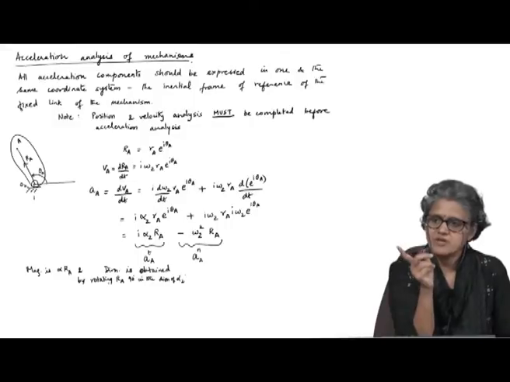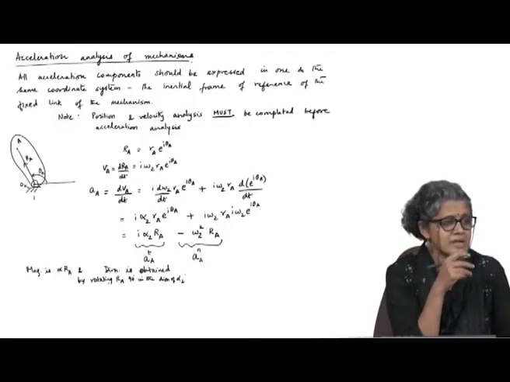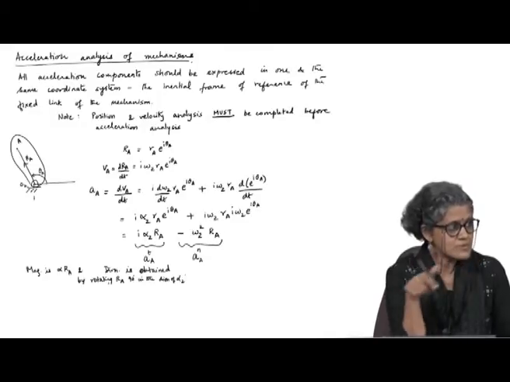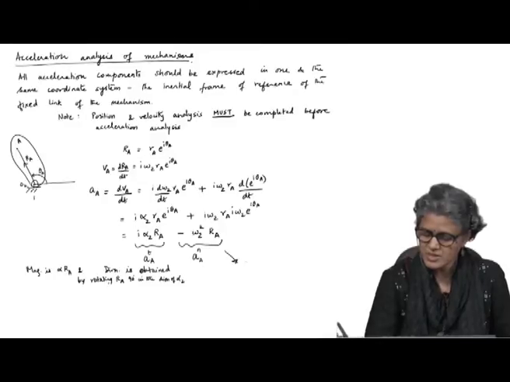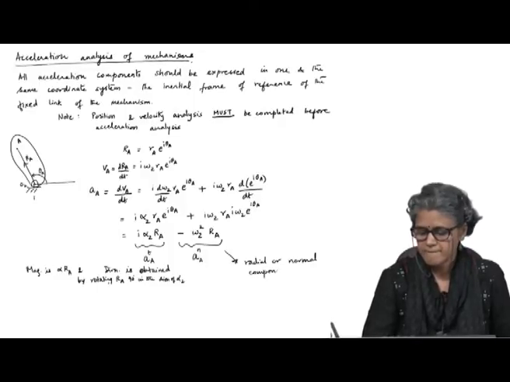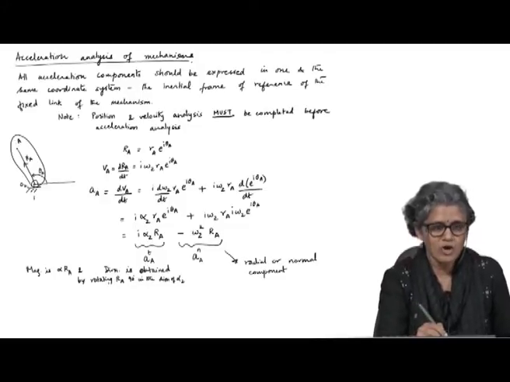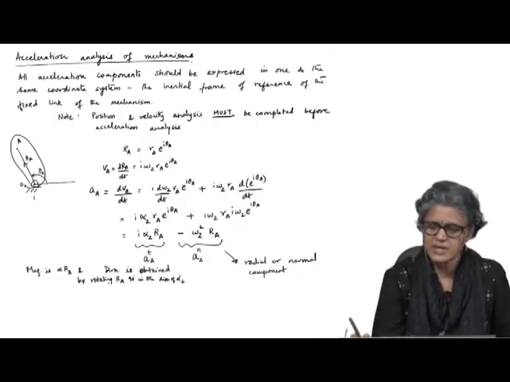There, you had the position vector rotated 90 degrees in the direction of omega_2; here it is in terms of alpha_2. And this is your radial or normal component. It is along R_A, but directed towards the center of rotation, so it is opposite to the direction of R_A.